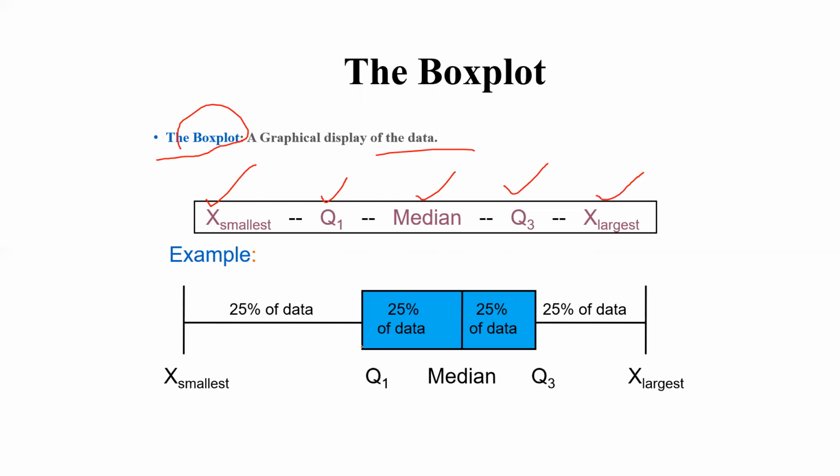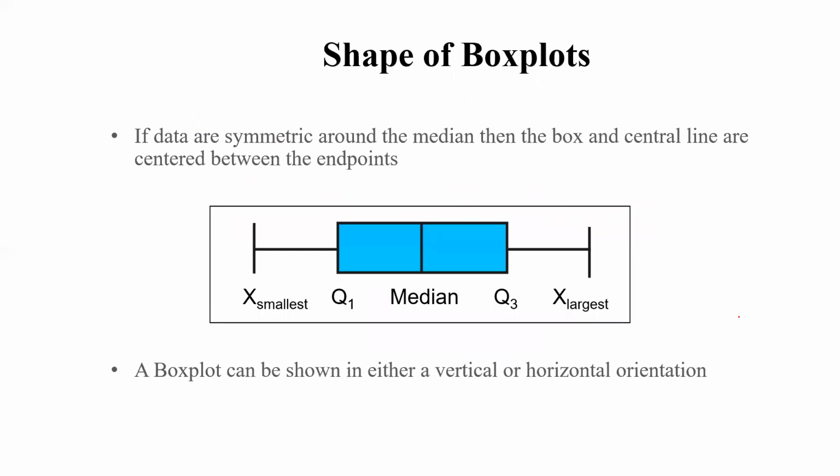Then we can plot the graph. This line is the smallest value in the given data set, and this is the largest value. This cut point is Q1, this cut point is the median, this cut point is the upper quartile or third quartile. Here belongs 25% of the data, here 25%, and here 25%, as already explained in previous slides. So this is about box plots.